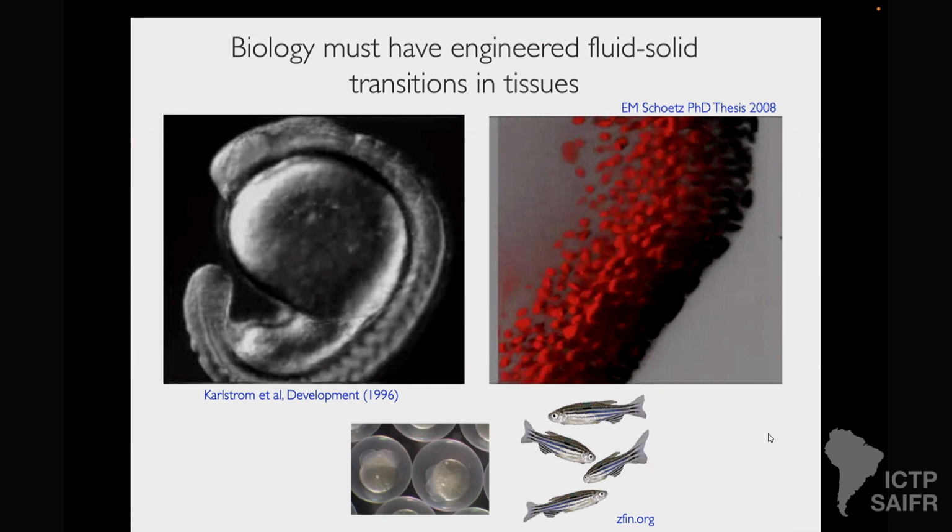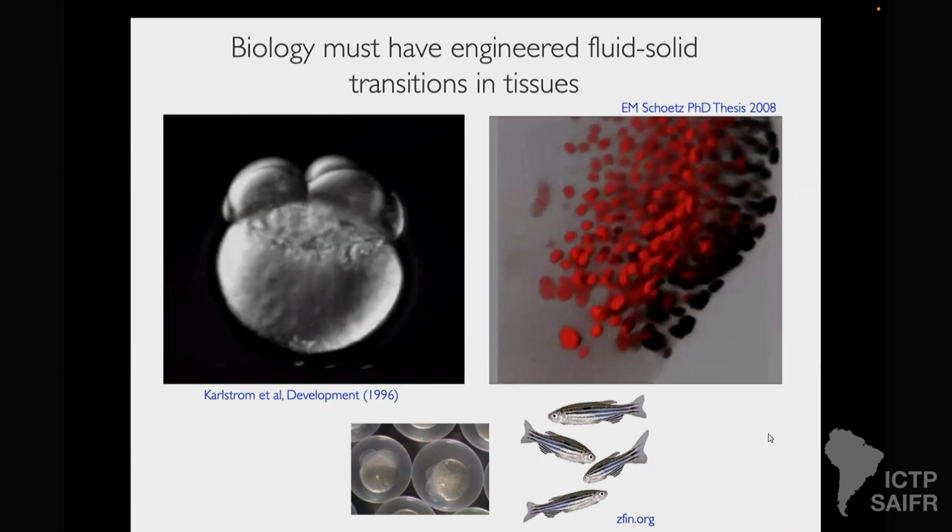Because if you start out spherically symmetric and then need to have a long body axis, it's going to be really hard to deform an object that far if it's solid-like, right? So you really need it to turn into a fluid in order to have this really large-scale deformation that's needed for most animals. And then to do things as an animal, like play football or hold a baby, those things require you to be solid-like again at the end of the day. So we clearly need to have these transitions. Okay.